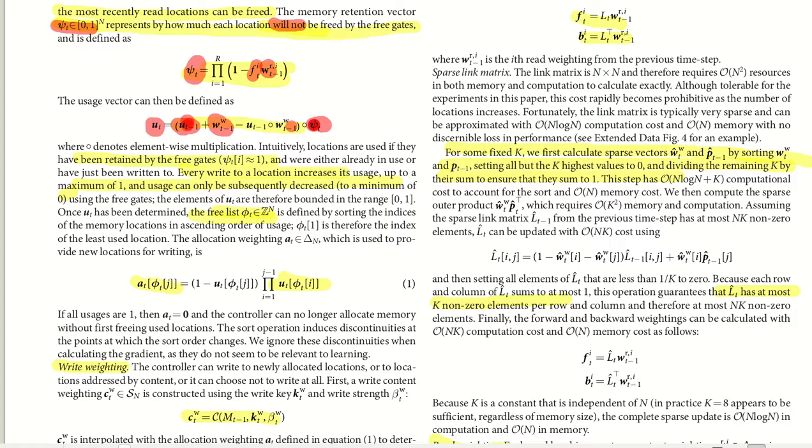Different location in the memory, and this is going to be dependent on how much. So for j, what comes out of this is just, if j was 1, we would have the index of the least used element of u, and if it was 2, the second least used element of u, and so forth, right?